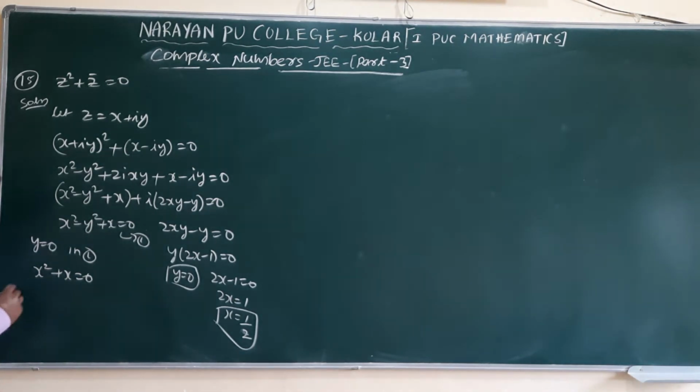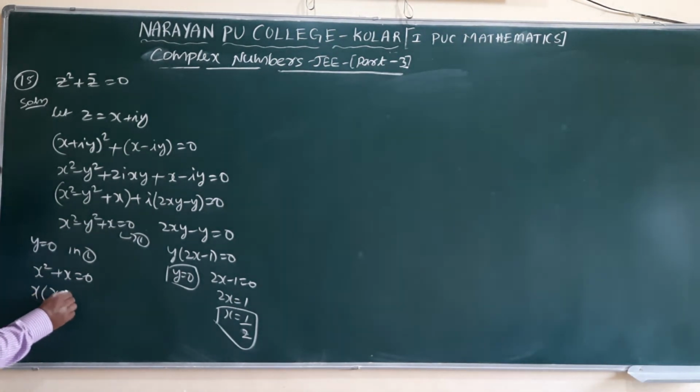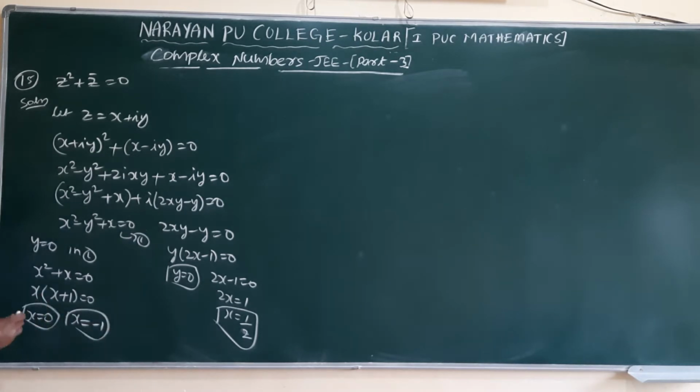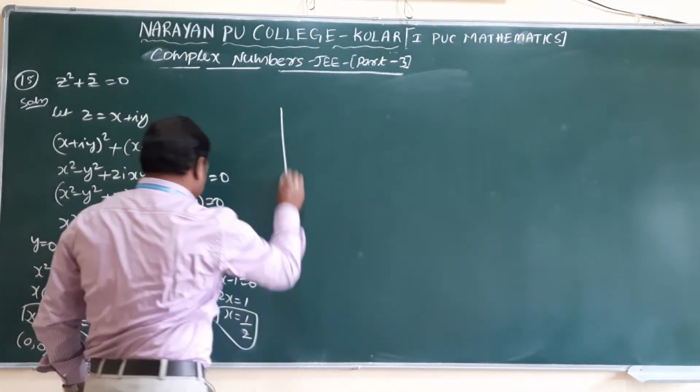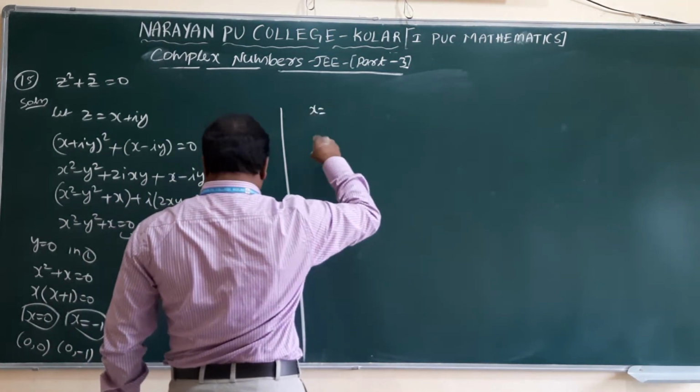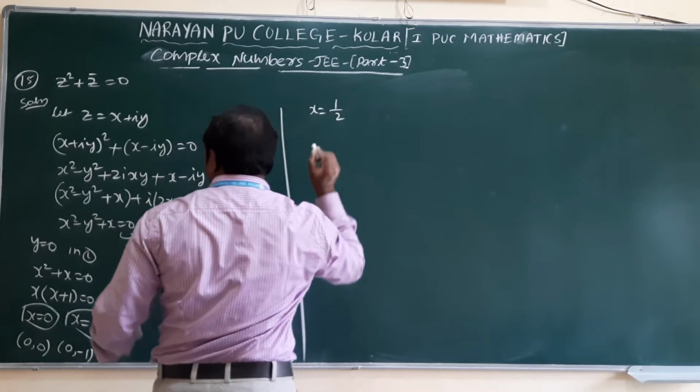Taking x common, remaining x plus 1 is equal to 0. So x is equal to 0 or x is equal to minus 1, so the points are (0, 0) and (minus 1, 0). We are getting two solutions here. Now put x is equal to 1 by 2.